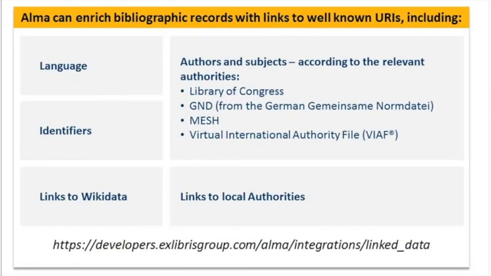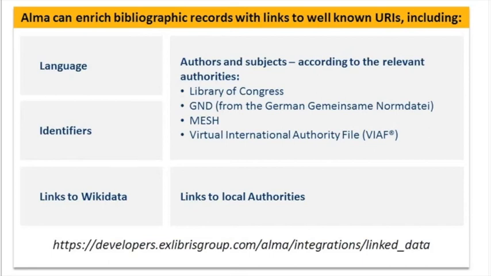Just to go into a little bit more detail on some of these areas, looking at linked data support in Alma and specifically at enrichment. Alma can enrich bibliographic records with links to well-known URIs.